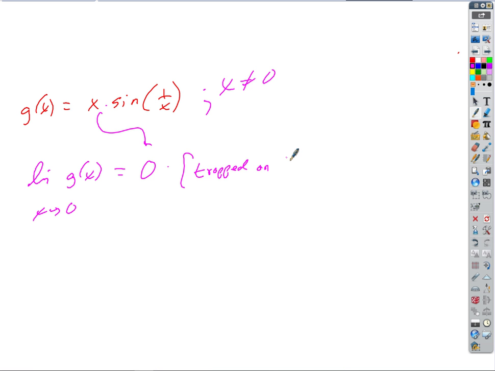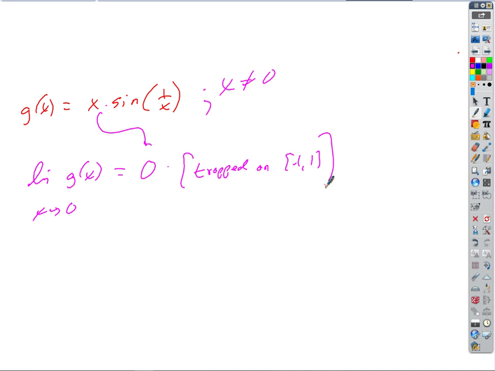It's going to be trapped on the interval from -1 to 1, right? Those are finite numbers, though. 0 times a finite number is what? 0, right? So the limit here is 0, right? And so you see that, what do you think is going to happen then? Is that one going to be removable or non-removable? It's going to be removable, right? Because it's going to pinch down to a point.